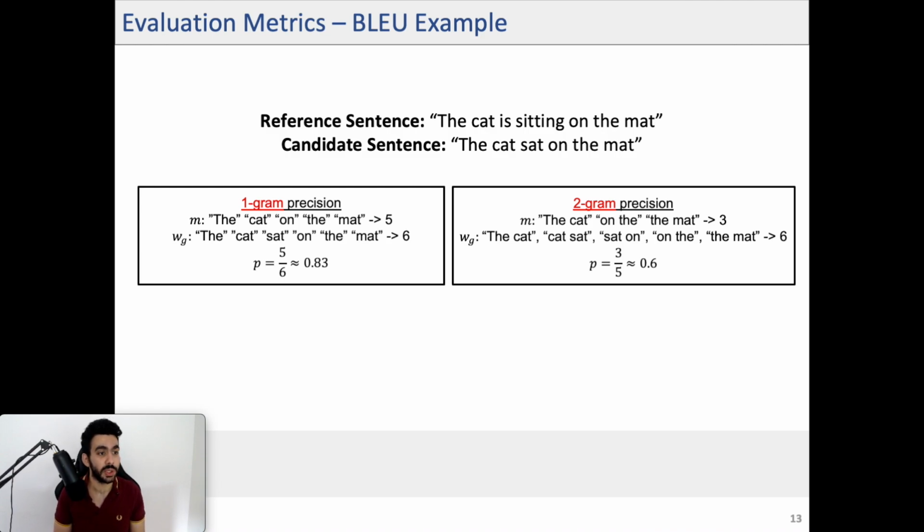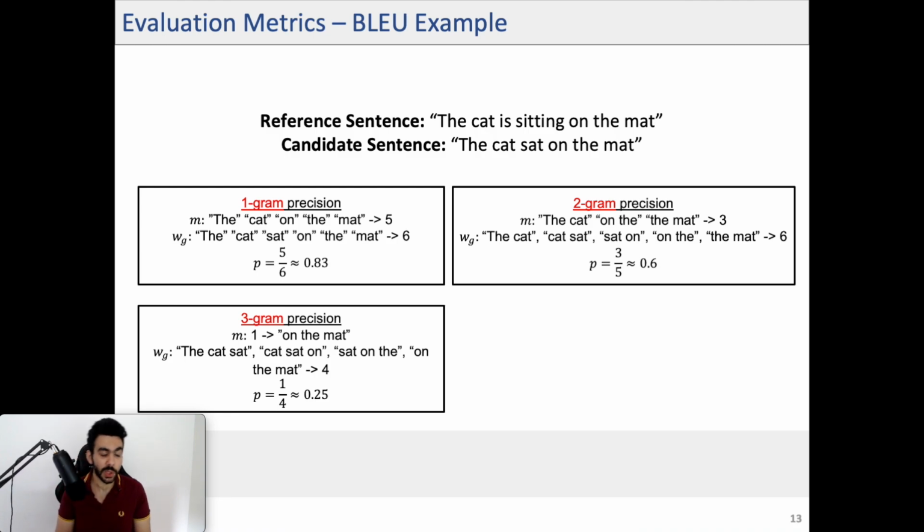Then the precision is going to be 0.6. For the 3-gram or trigram precision, we only have 1 trigram that appears in both the reference summary and the generated summary, which is on the mat. So that makes it 1/4, which is 0.25.